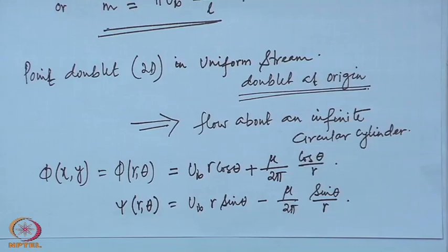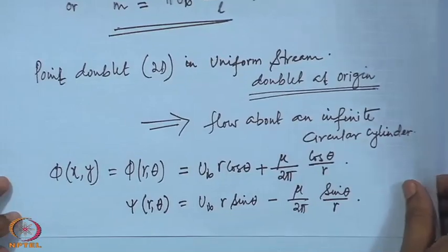what is the zero streamline? What will be the zero streamline? See, eventually we should take note of this point also, that we can add any constant to this phi or psi, it does not alter the solution.